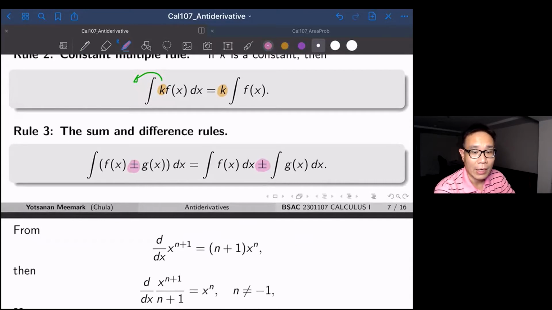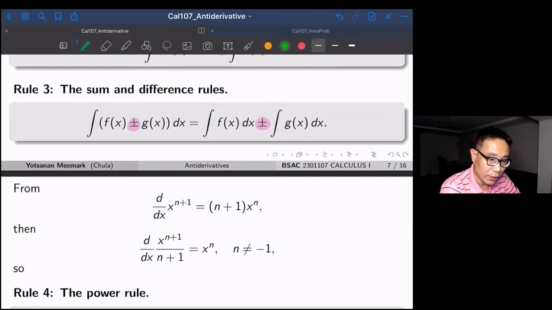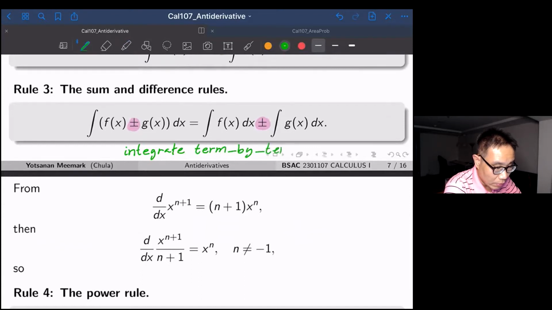So it's going to be term by term. So we integrate term by term and we just add or we just subtract the functions.